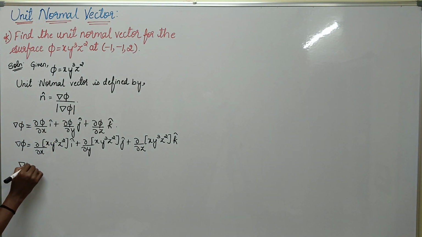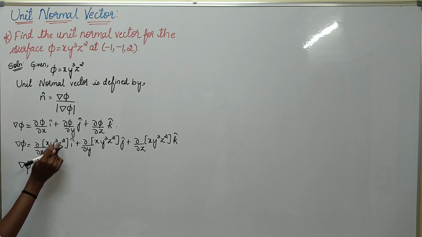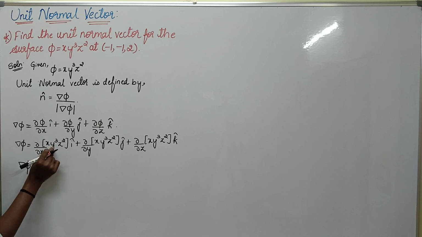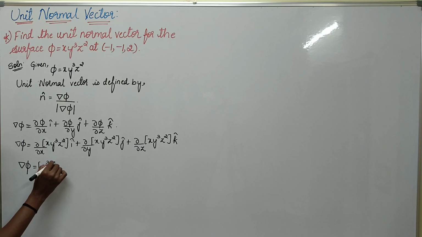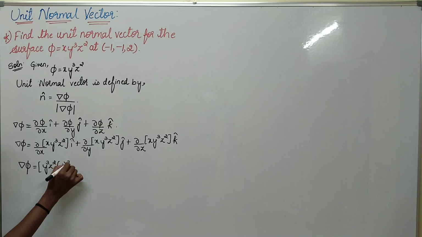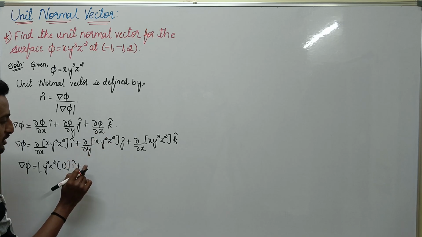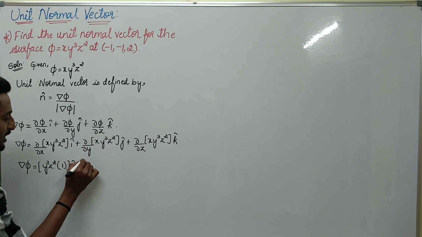Now, gradient phi, which is equal to, see, I need to differentiate this whole function with respect to x. I have x, yes, y cube z square remains constant. Differentiation of x with respect to x is 1 into i cap plus. Now, I need to differentiate this whole term with respect to y. So, what happens?